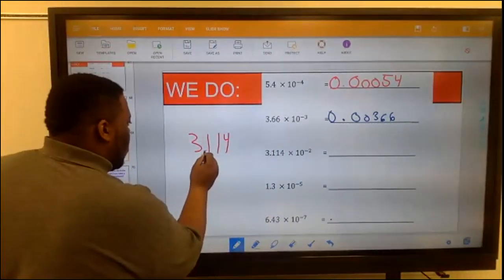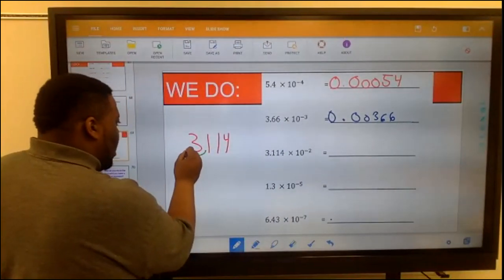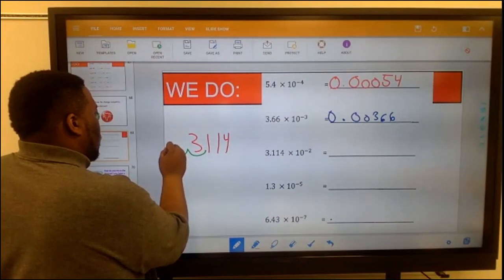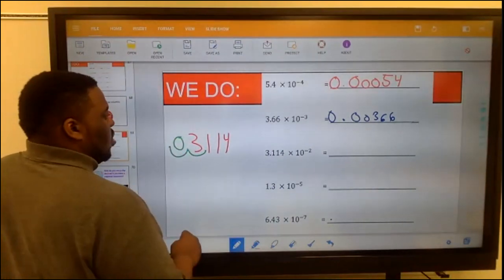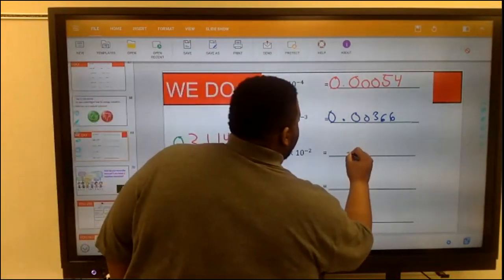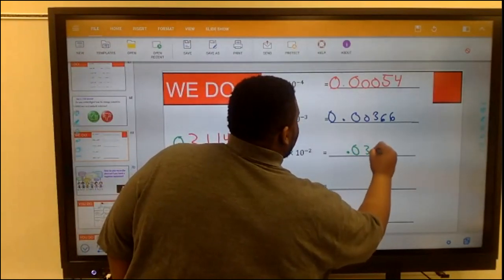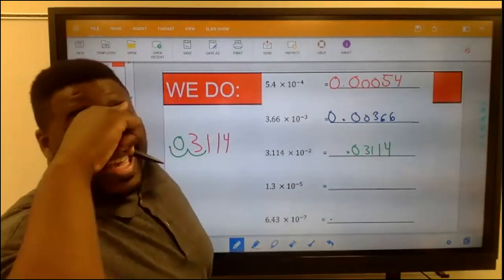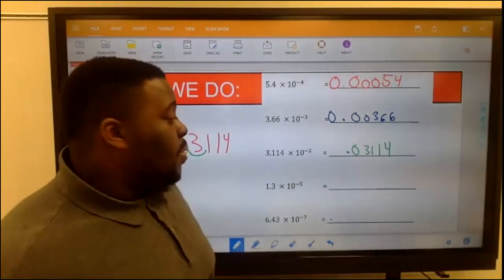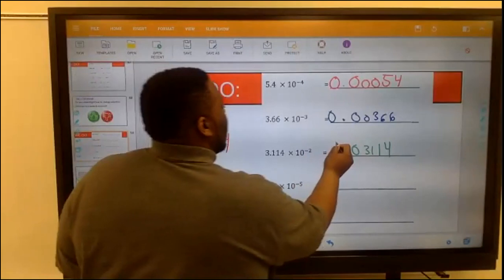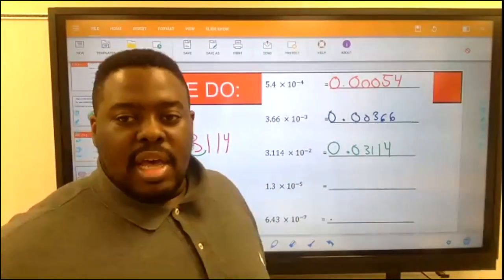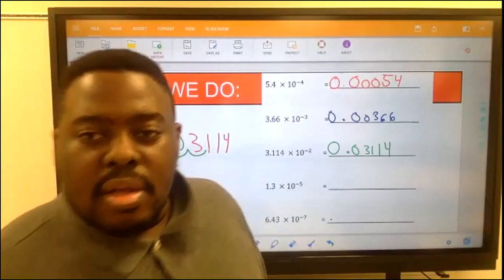This is the decimal point. 1, 2. Okay? Put a 0. So your answer should be 0.03114. It's okay to put a 0 here because it doesn't change anything.